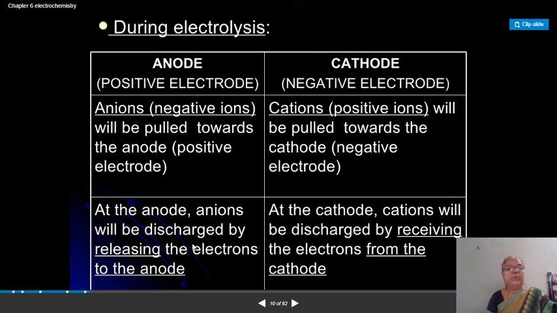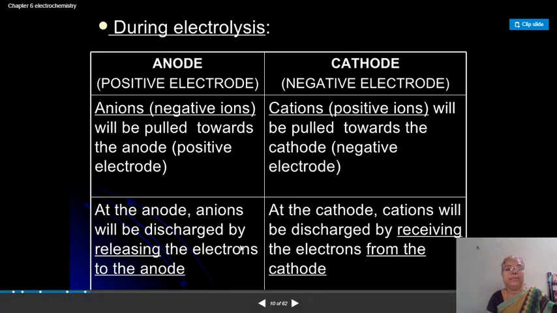And you know, the loss of electrons or releasing of electrons is called oxidation, and it takes place at the anode, while the gain of electrons or receiving the electrons takes place at the cathode, and this phenomenon is called reduction.